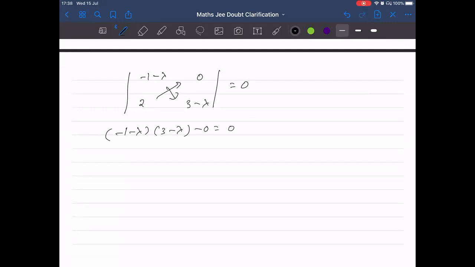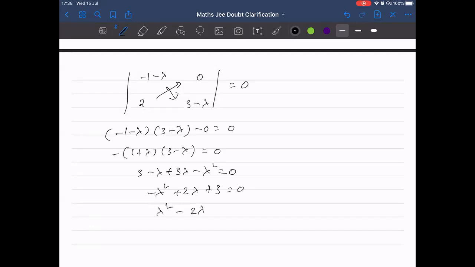Taking minus common, it is (1 plus lambda) into (3 minus lambda) equals 0. Multiplying, we get 3 minus lambda plus 3 lambda minus lambda square equals 0. Solving it, we have minus lambda square plus 2 lambda plus 3 equals 0, which can be rewritten as lambda square minus 2 lambda minus 3 equals 0 after taking minus common.